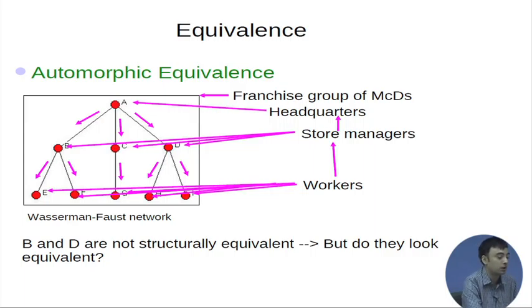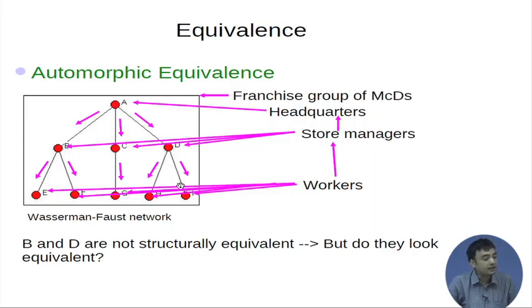If you are interested, you can also replace it by KFC. Now, at the bottom of the graph, let us assume that these are workers in the franchisee. At the middle level, say we have the store managers, and at the top level is the headquarters. The arrows that you see here are the ruling directions, whereas the opposite direction will be the reporting direction.